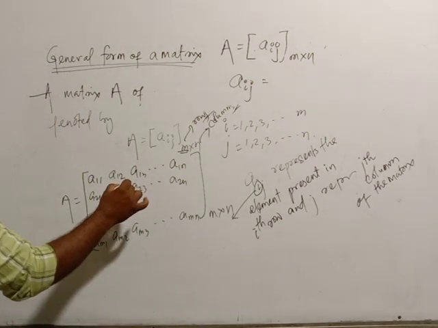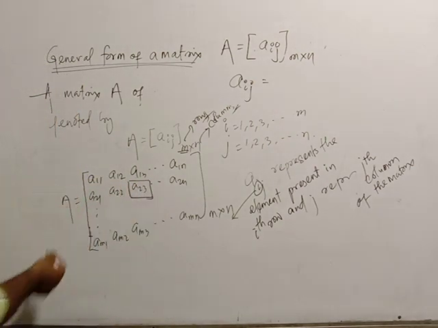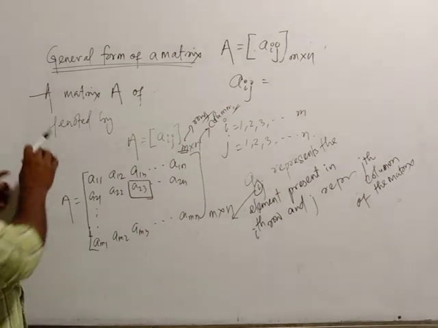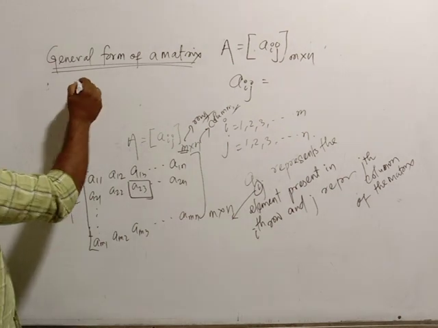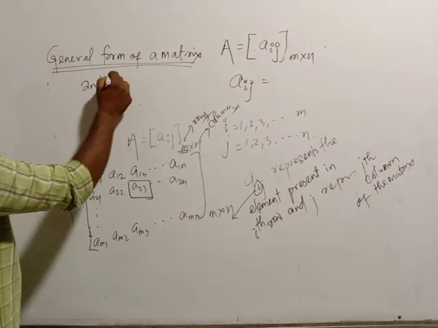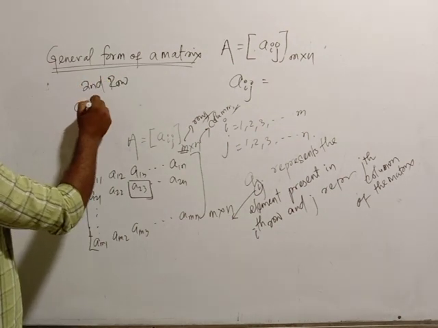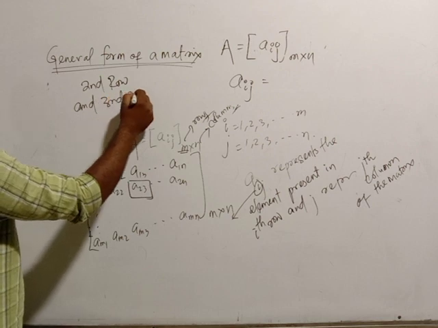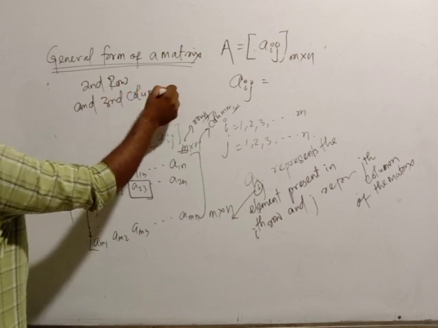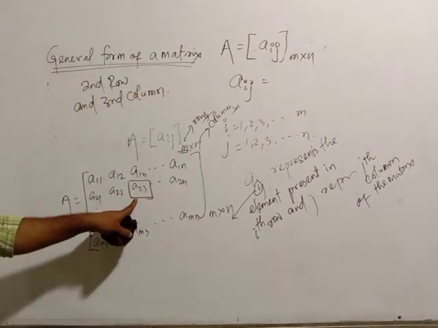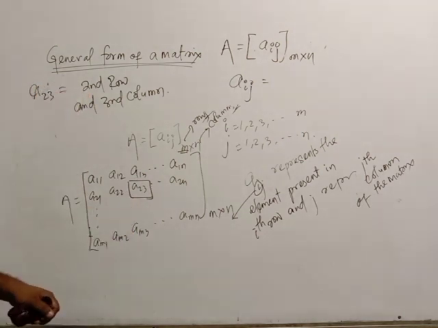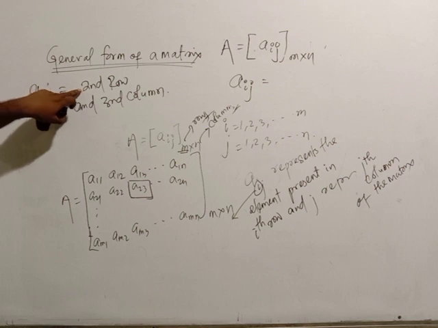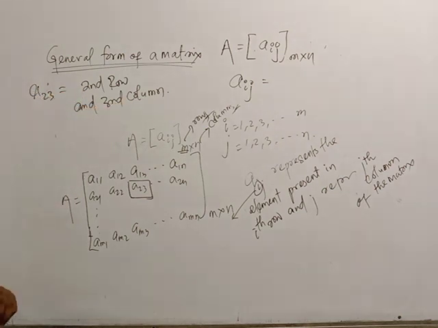So look at here, a23 represents the element present in second row and third column.